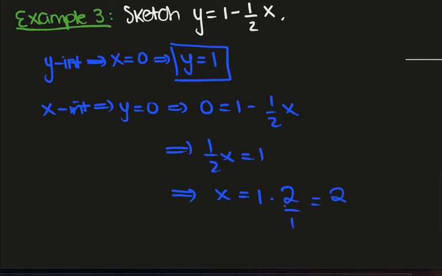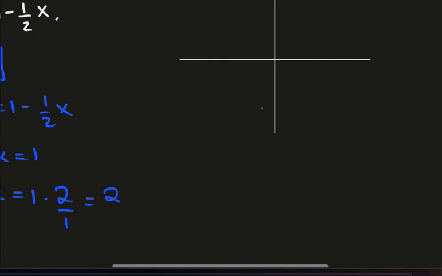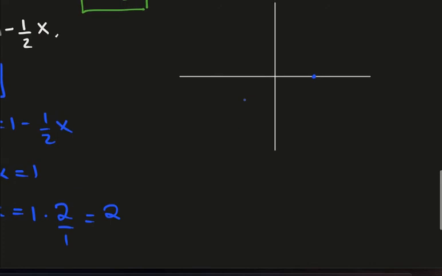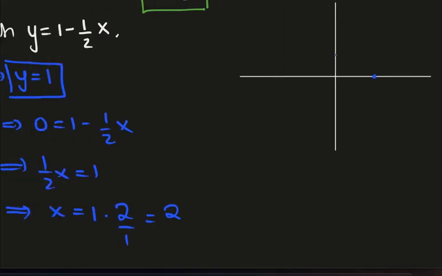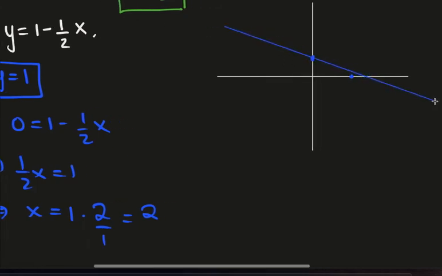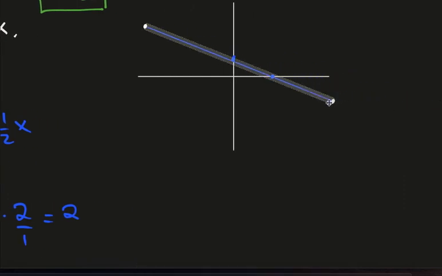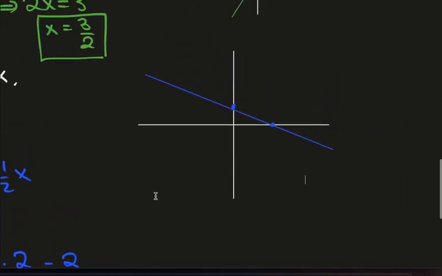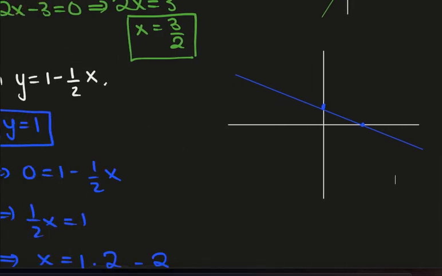And what we end up with is x equals 2. So let's put 2 here. And y equals 1 is about there. And we can draw our line like that. And here we notice the slope is negative, and so the line goes down. So here we have m equal to minus 1/2, while b is equal to 1.